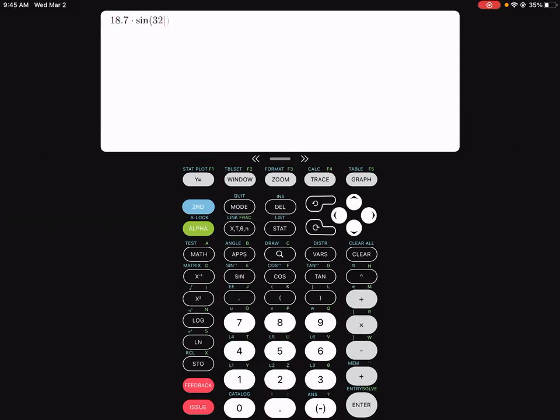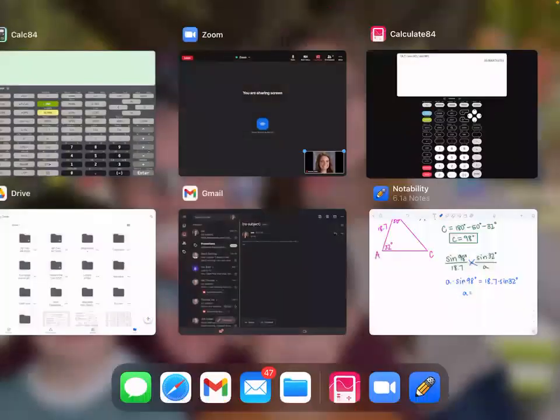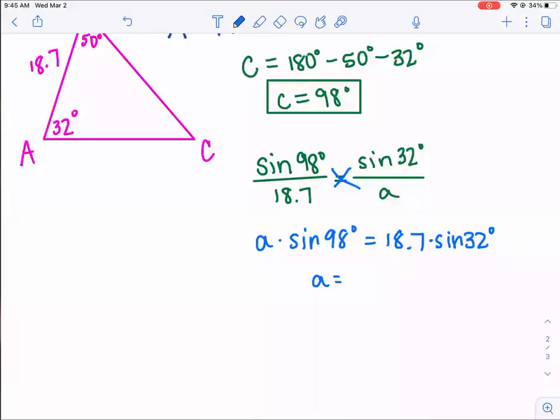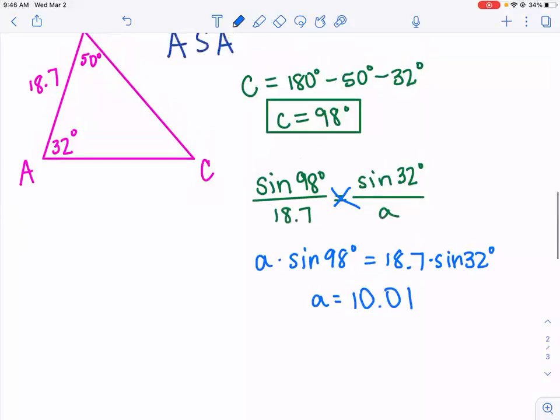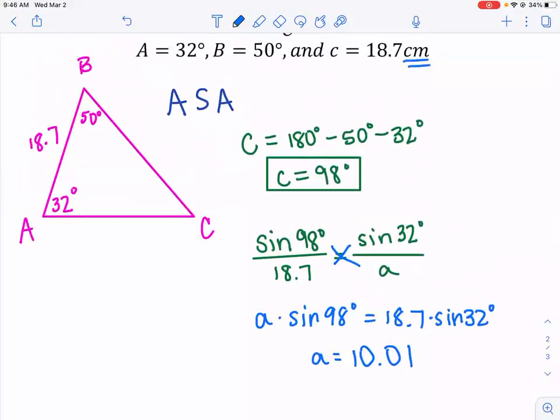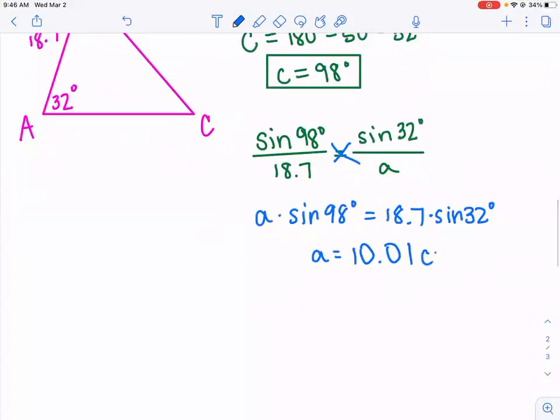Notice how when you type in sine, it opens a parentheses. Please close the parentheses before dividing by the sine of 98. And we're going to go ahead and get in the habit of rounding to the nearest hundredth. So what are we going to call this? And since I started out with a side length labeled in centimeters, we'll go ahead and label this in centimeters also.